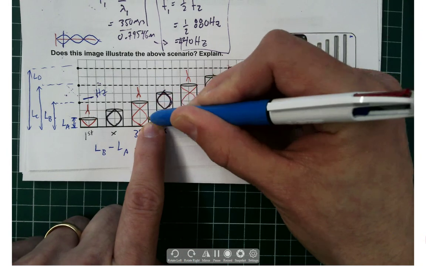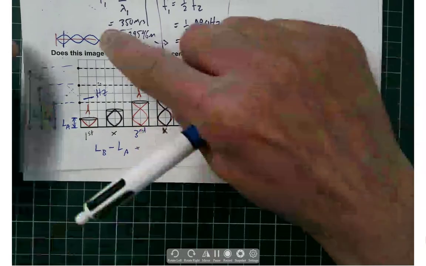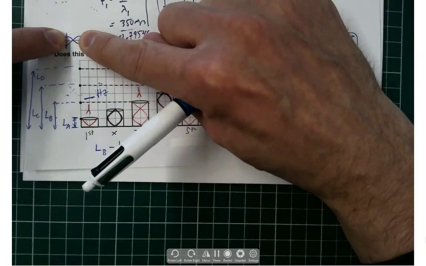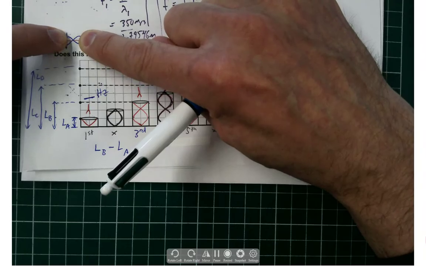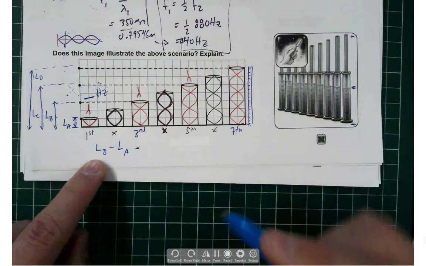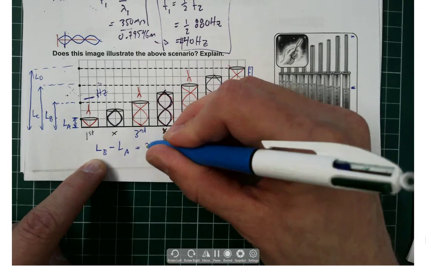You see, I go from a peak to a trough, or from a trough to a peak. Let's go back over here. If I go from a peak to a trough, what fraction of a wavelength is that? Yep, half a wavelength. So if I can measure the length of the air column, length B, minus the length of the air column, length A, then that's going to be equal to half a wavelength.